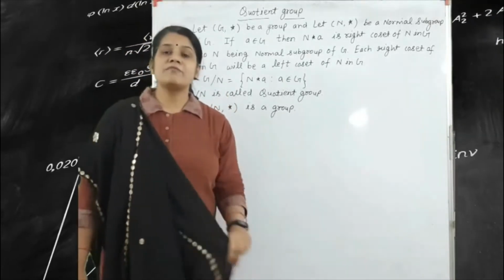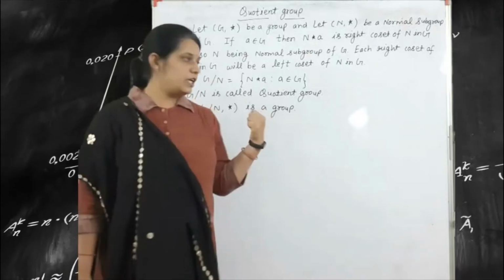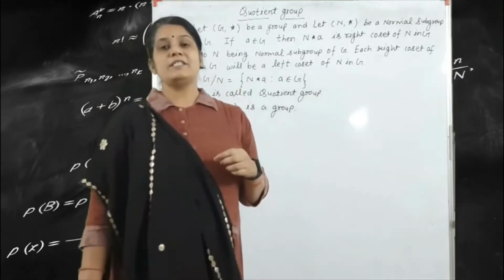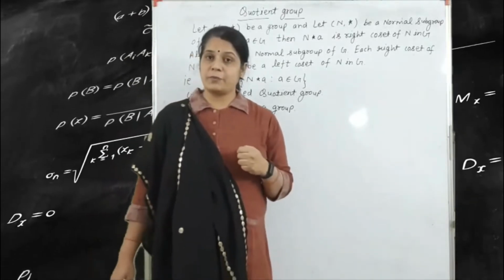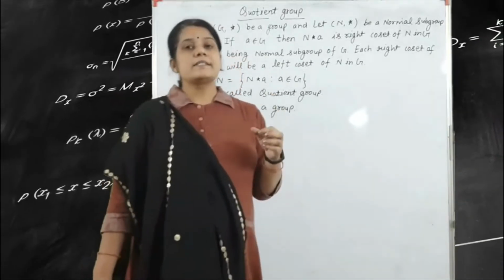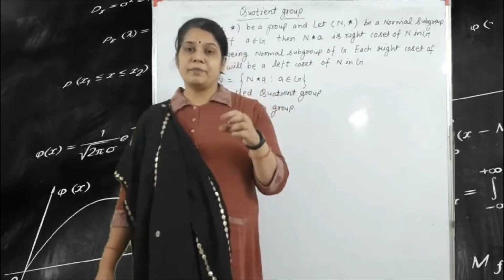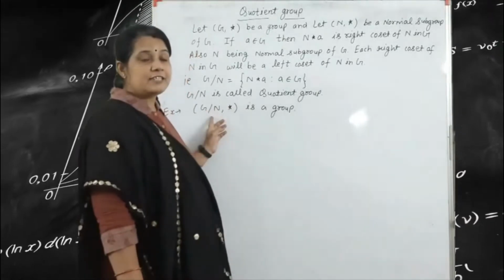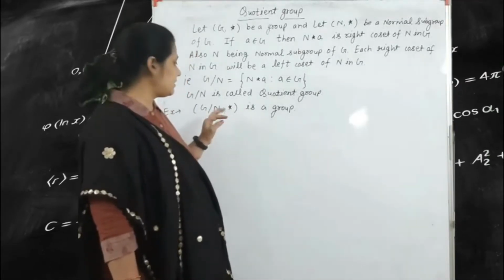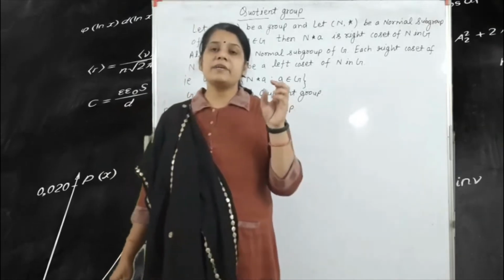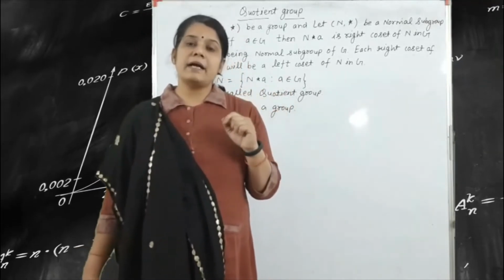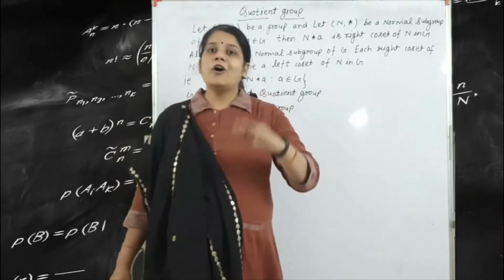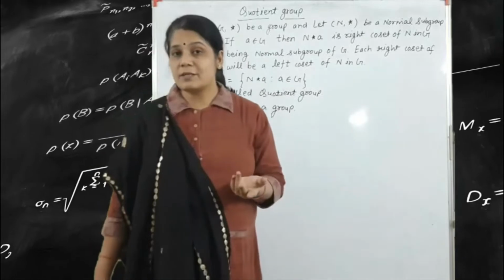First we find out the four properties, because we prove that G by N with the operator star is a group. First is the closure property. We consider two elements belonging to G by N. Here the group is given as a set, the set G by N. If A and B belong to G by N, then A star B also belongs to G by N. This is the closure property.